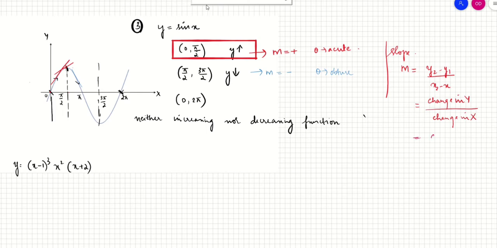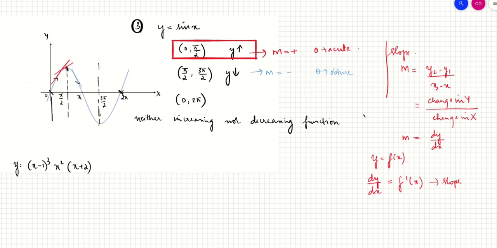In other words, this is nothing but dy by dx. So if the function y is equal to f of x is given to us, then dy by dx is equal to f dash of x, which gives us the slope of the tangent and hence the slope of the curve.